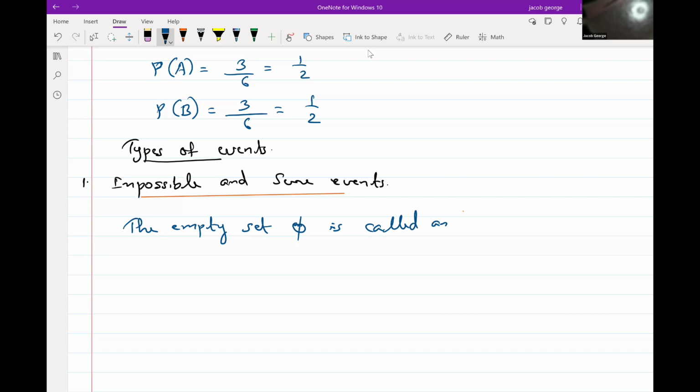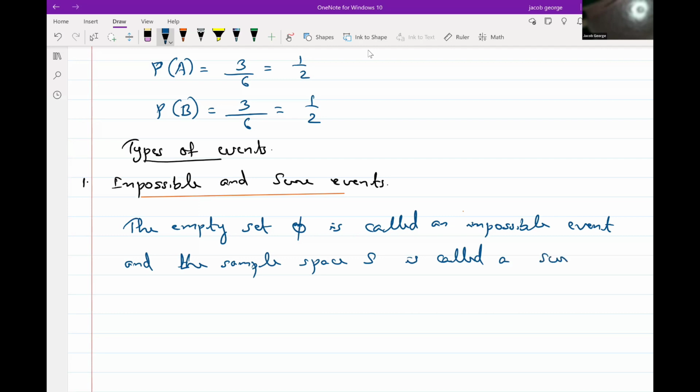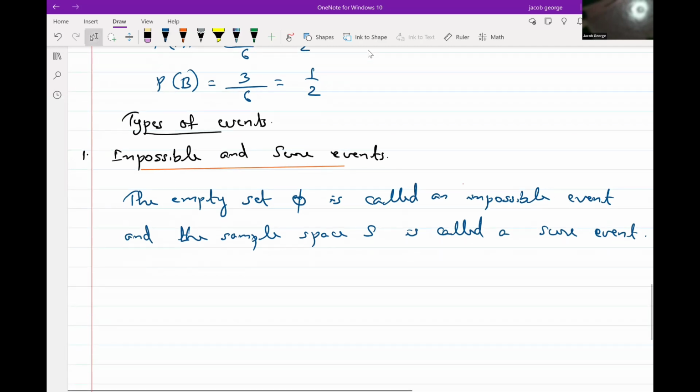And the sample space S is called a sure event. So we call the empty set as the impossible event and the sample space S is the sure event.